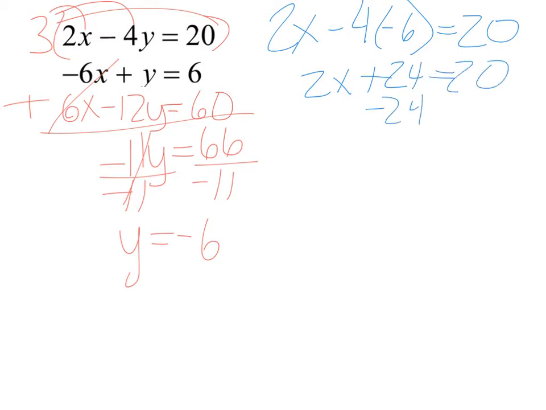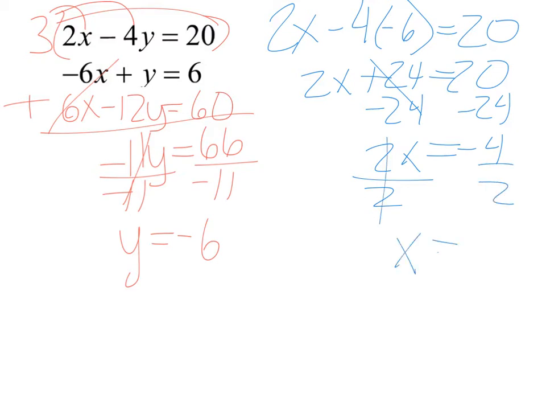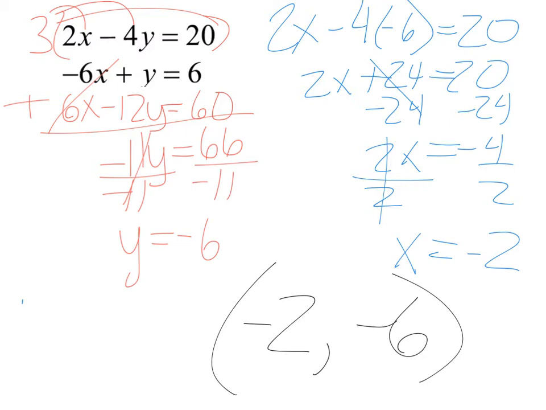Subtract the 24 on both sides. 2x is equal to negative 4. Divide by the 2. So I end up with x is equal to negative 2. And then remember, I need to write it as an ordered pair, x comma y. And that's it.